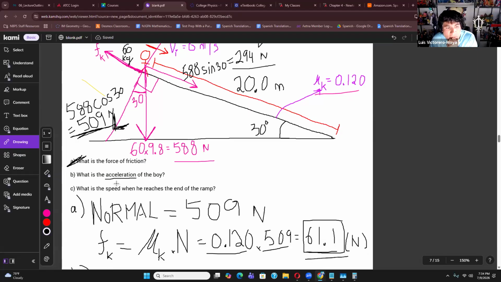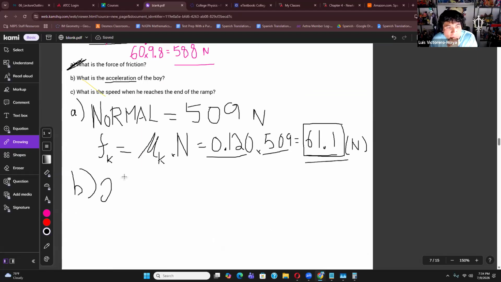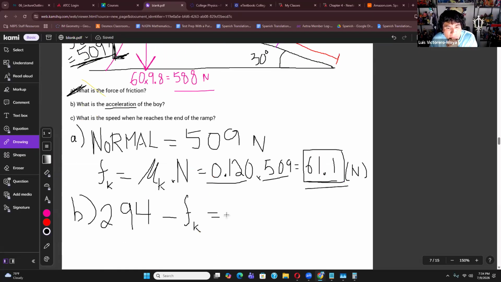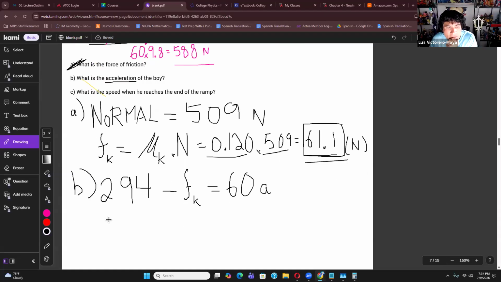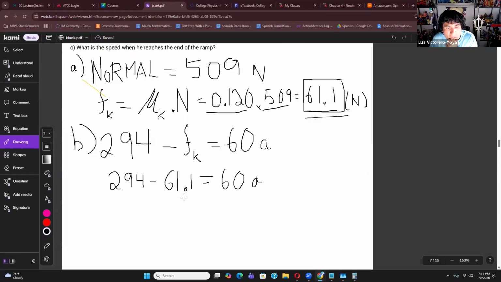Yeah. So 294 minus the friction is the mass of the boy times acceleration. So this is 294 minus 61.1 equals 68. All right.